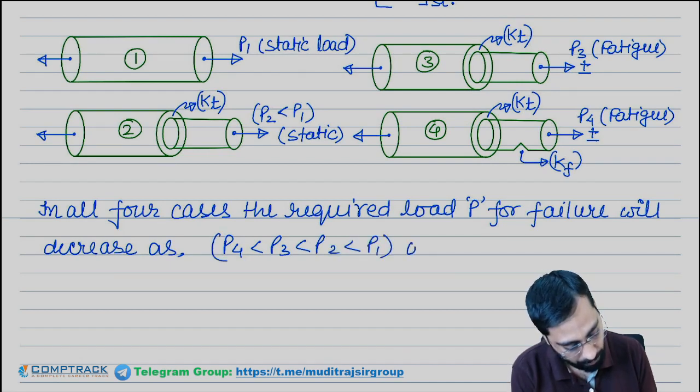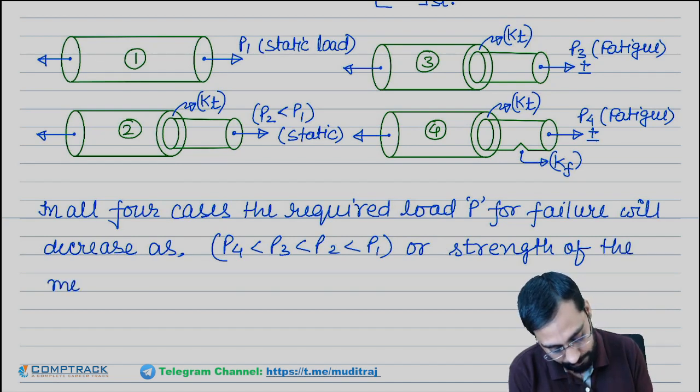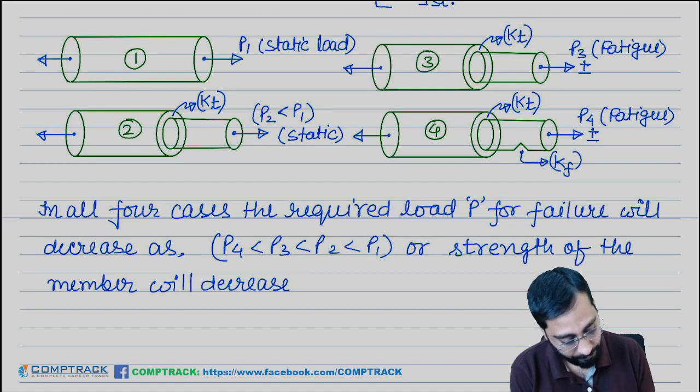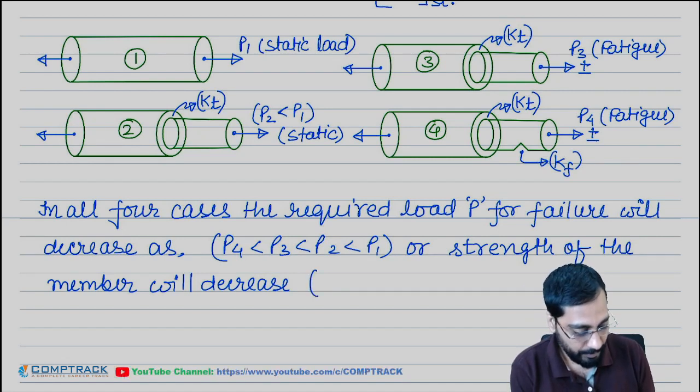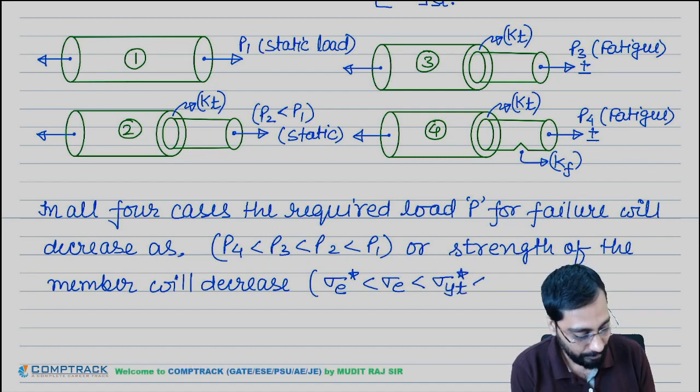Yes or no? Or the strength of the member will decrease. Let's say in the fourth case it will be sigma E star, in the third case it is sigma E, in the second case it is sigma YT star, and in the first case it will be sigma YT. Got the point or not?